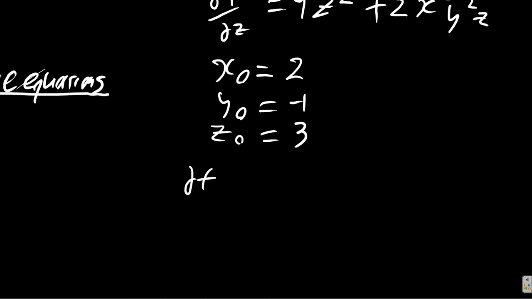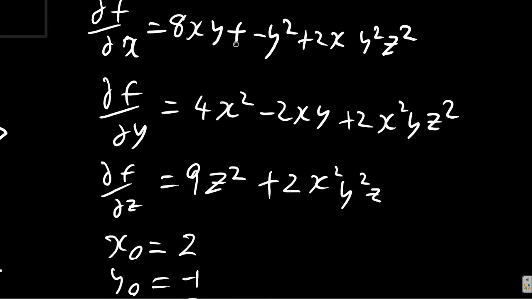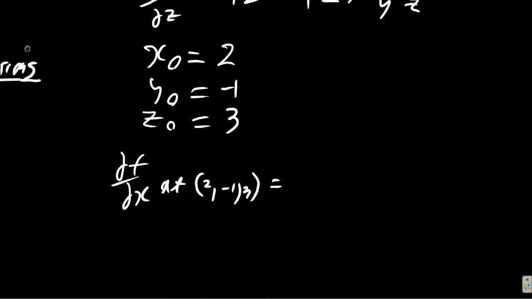So delta f by delta x at 2, -1, 3 will be equal to 8xy, 8 times x naught is 2 times y naught is -1. See that?